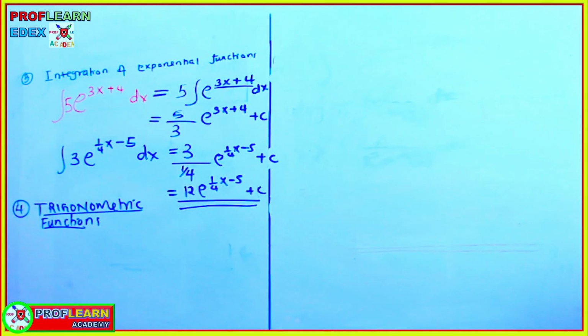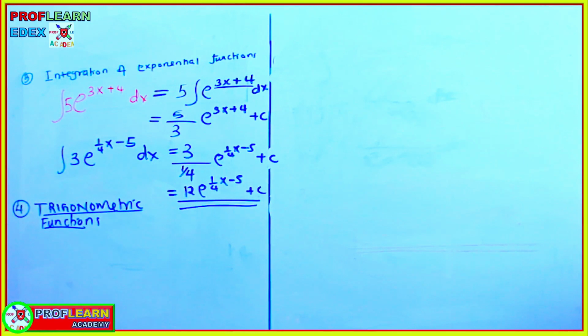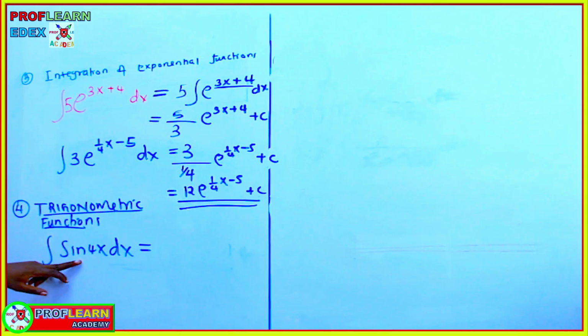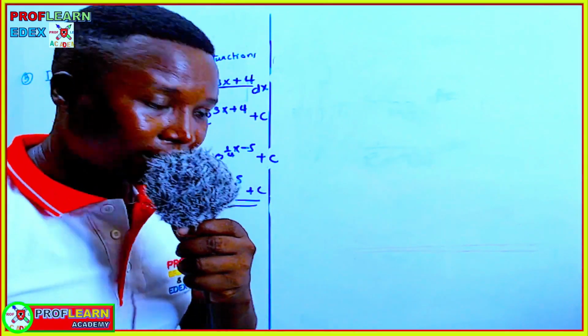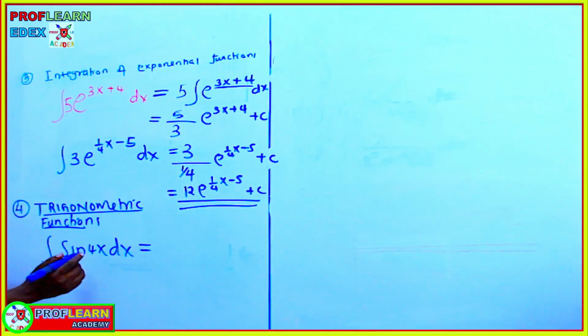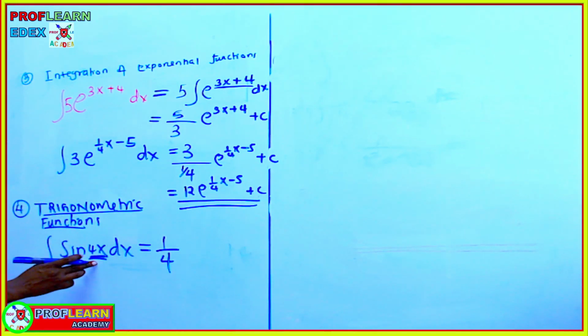If you are integrating a trigonometric function like sine 4x dx, integrating sine 4x dx. Now, how do you perform this? Remember, if you integrate sine x it is negative cos x. But if you are having a variable here, 4x, you are going to say 1 over 4, because if you differentiate this, you are going to get 4.